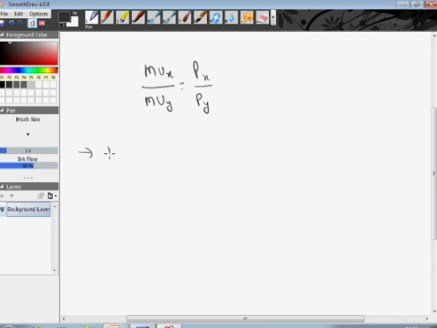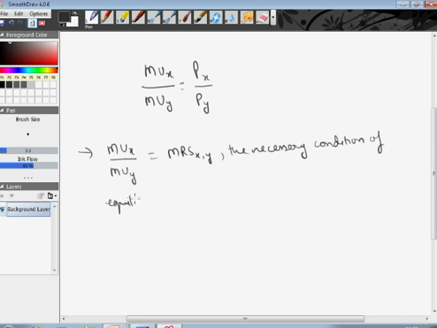Since by implication the marginal utility of X divided by the marginal utility of Y, that is the change in units of commodity Y divided by the change in units of commodity X, is equal to the marginal rate of substitution of X to Y, the necessary condition, that is the first order condition of equilibrium under the ordinal utility approach, is: marginal rate of substitution of X to Y is equal to marginal utility of X upon marginal utility of Y, is equal to Px upon Py.